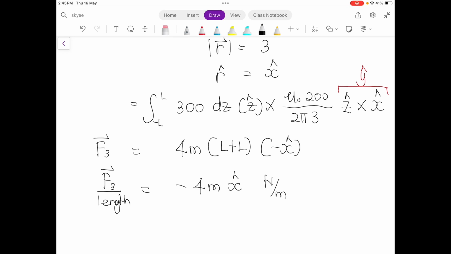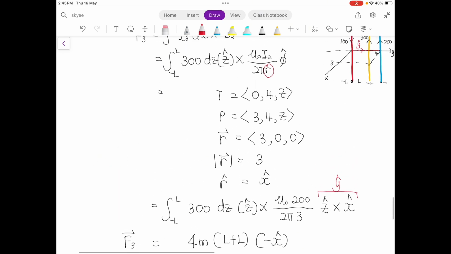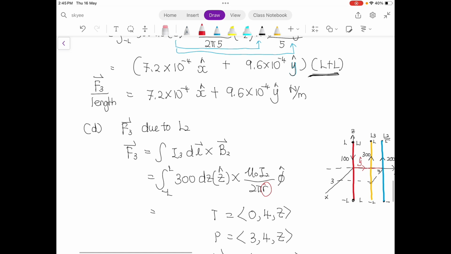Okay, add them together. Now the F total acting on the L3 or the I3 will be the summation of this together with the answer just now.